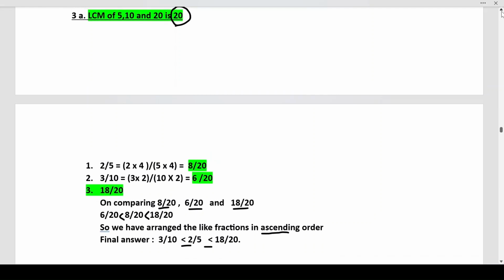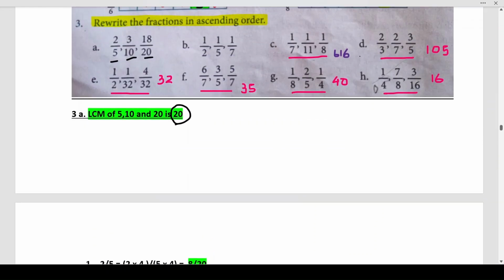Similarly, you will do B, which is 1 by 2, 1 by 5, and 1 by 7. Here you can see that the numerators are the same.